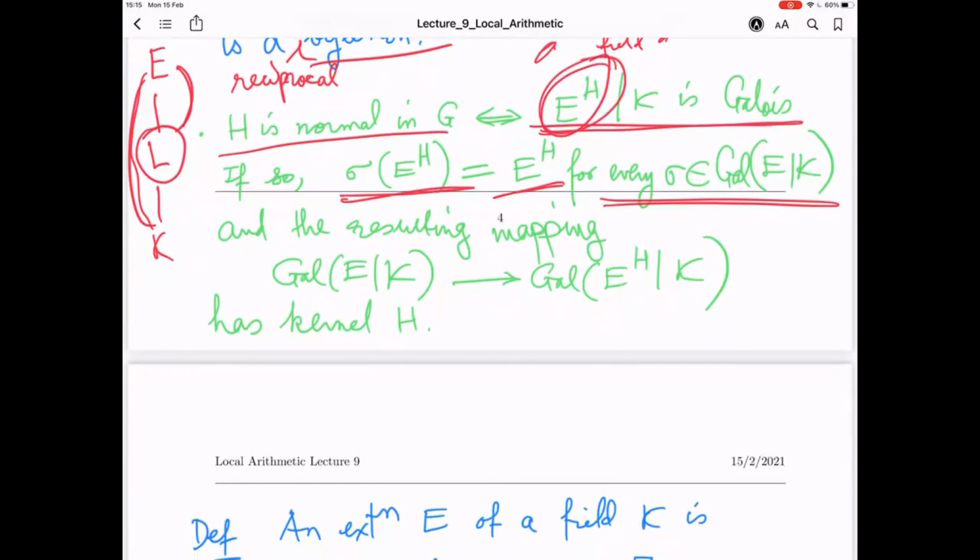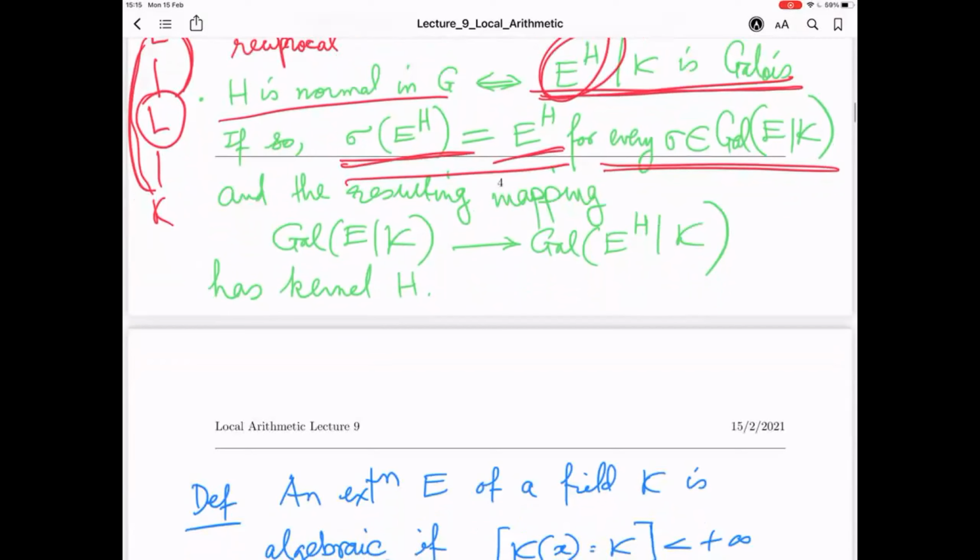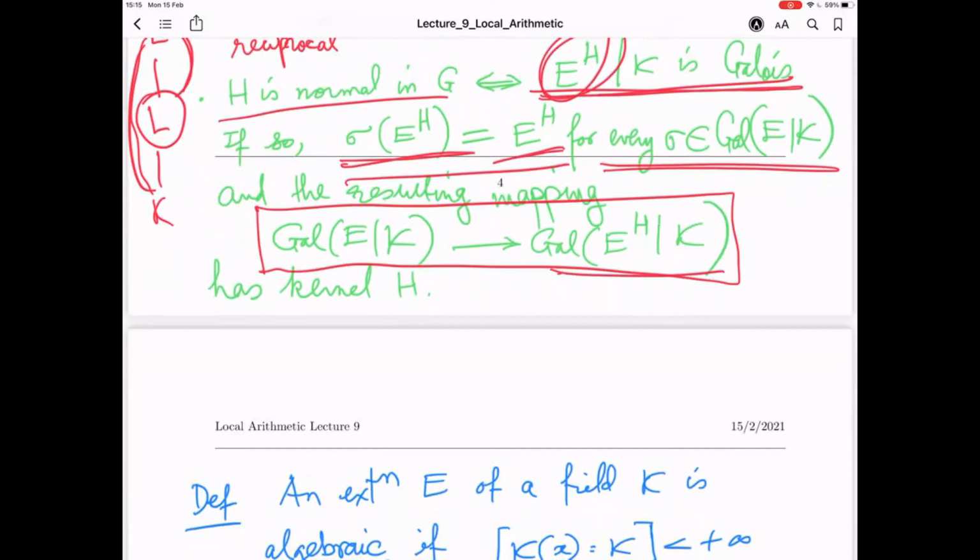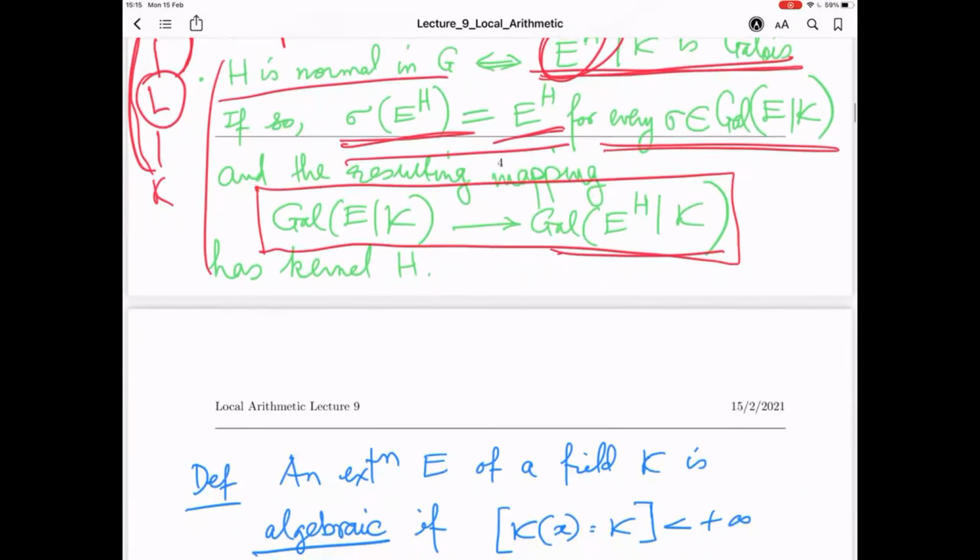Whenever E^H is Galois over K, you'll have this property, and therefore you'll have a map from the Galois group of E over K to the Galois group of E^H over K. And the property that I'm enunciating here is that this map has kernel equal to the subgroup H. So that's the most basic theorem in Galois theory.